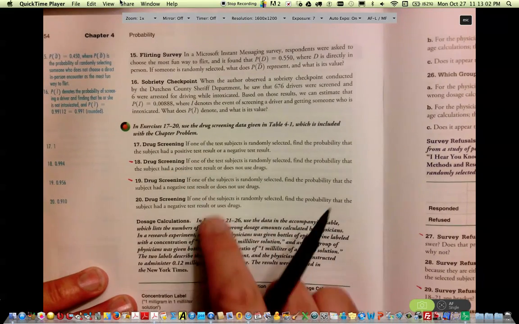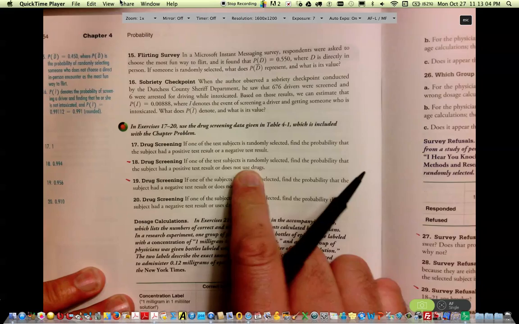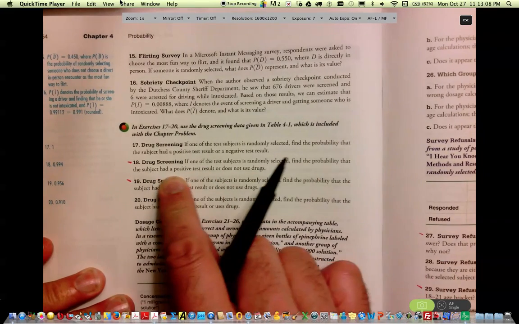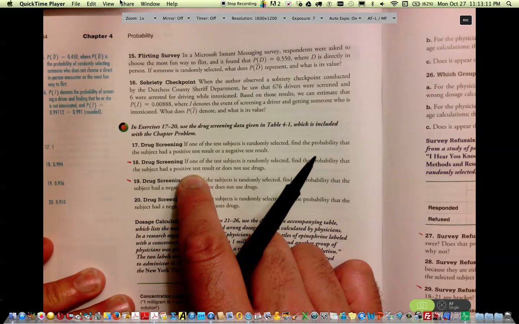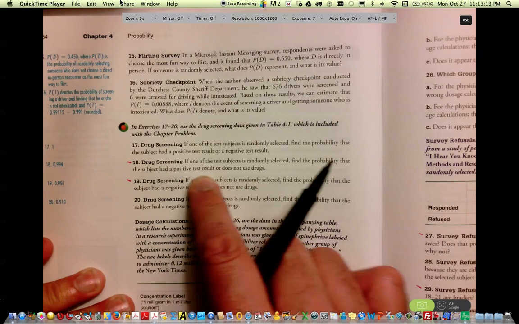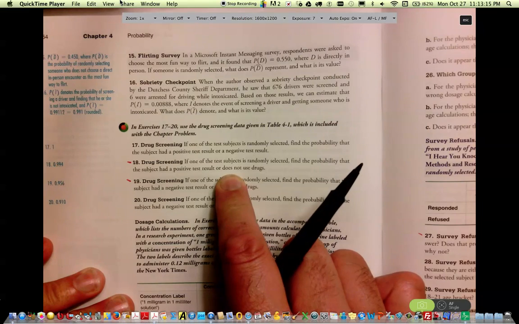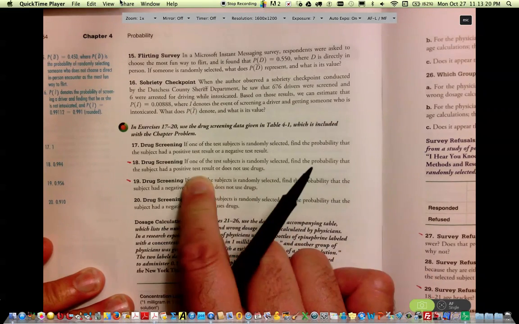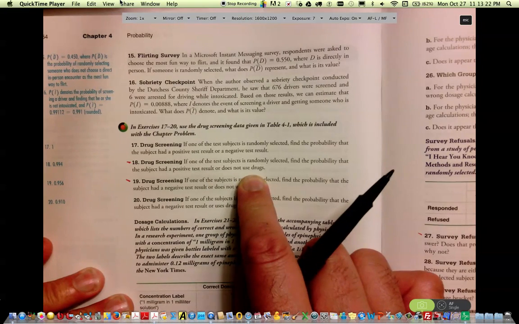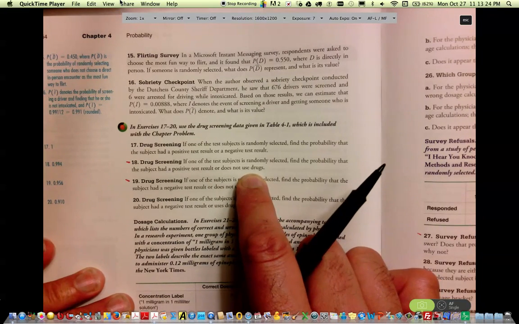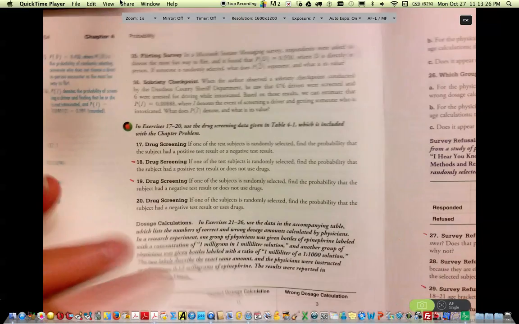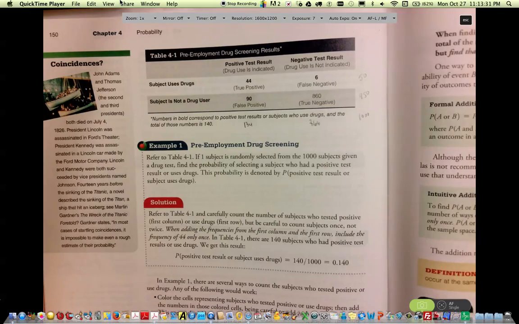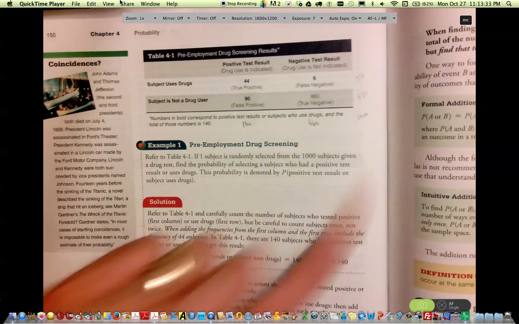Now, you could have also used the rule for the probability that a subject had a positive test, plus the probability they don't use drugs, and then subtract the overlap. These are the ones that test positive that are not using drugs, and subtract that out. That's another way we could do this. It's easiest just to find the three groups in that category, add them up and divide by the total number, which was 1,000.